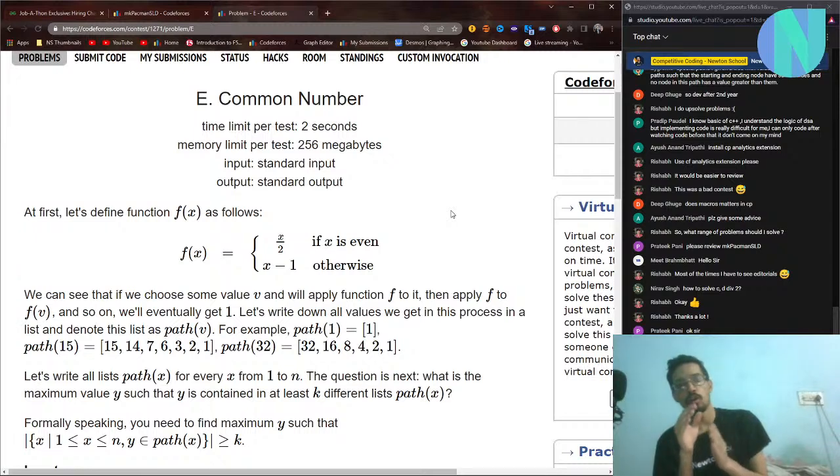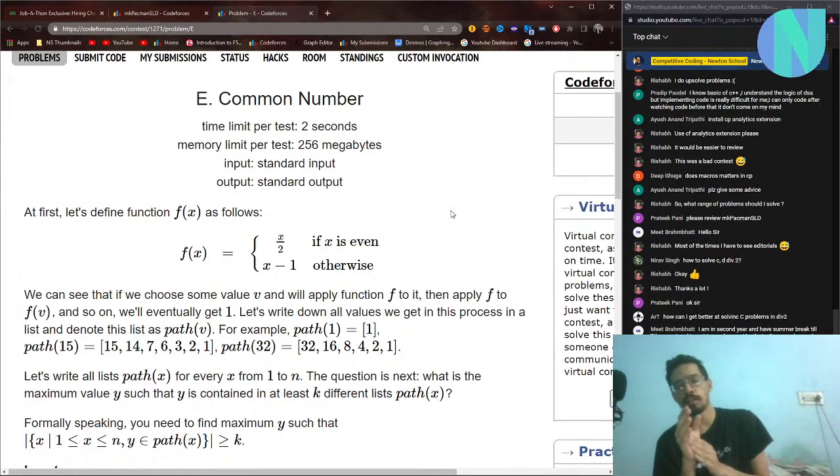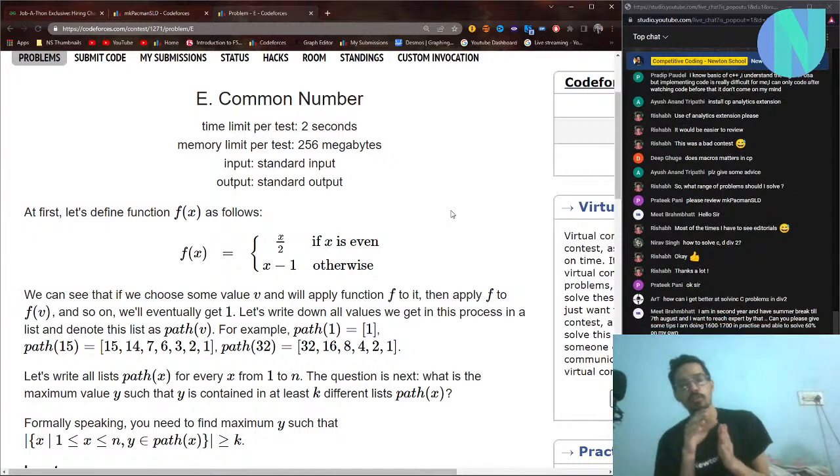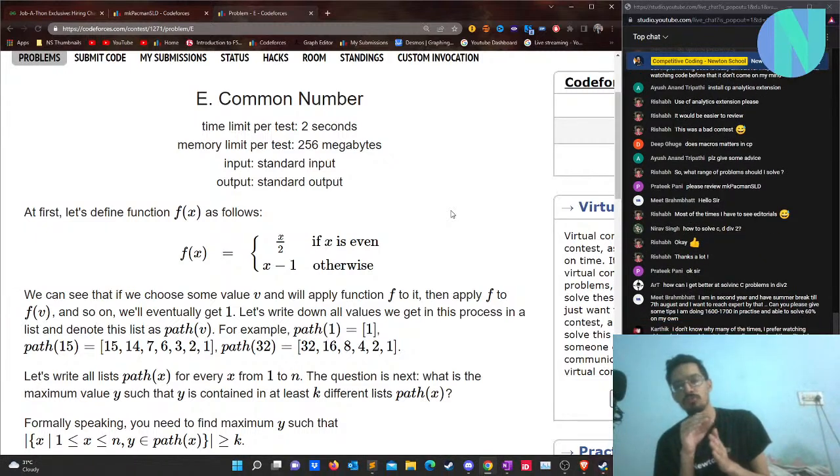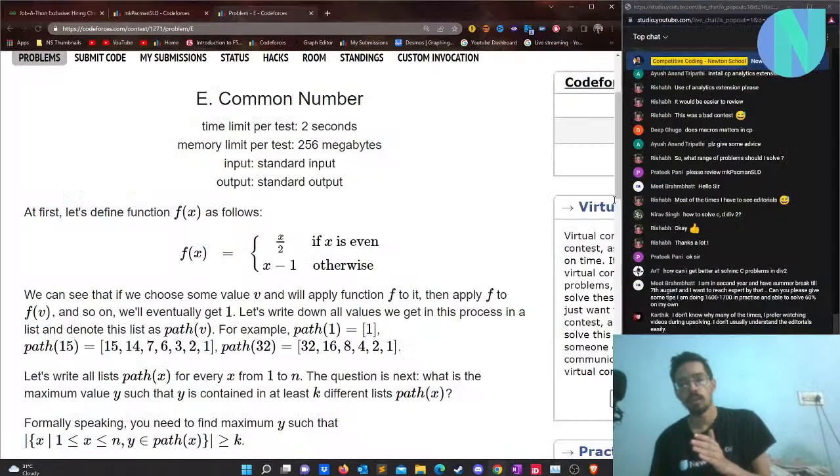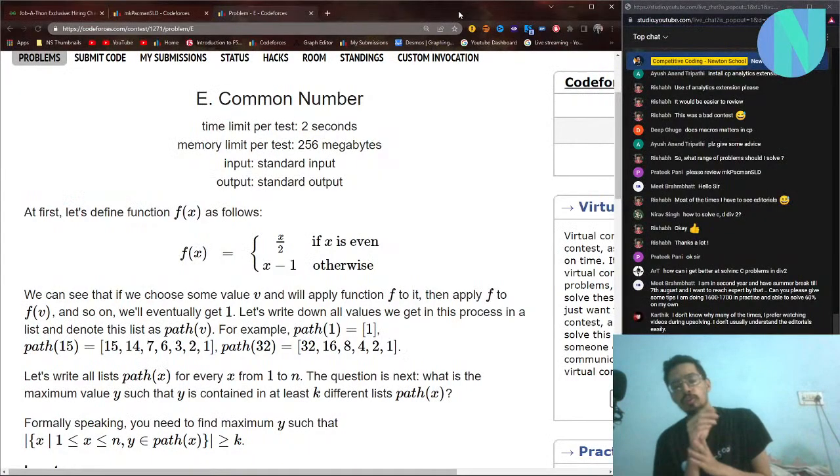Only after that you will be able to understand the editorial. So first read the problem, work on it for 1 to 2 hours, and after that try to read the editorial. It will take you around 1 to 2 hours. Try to read the editorial over and over.